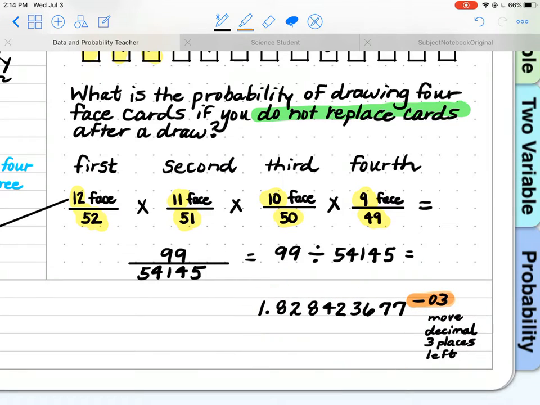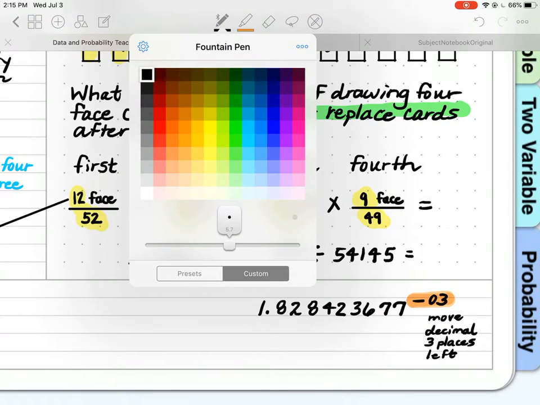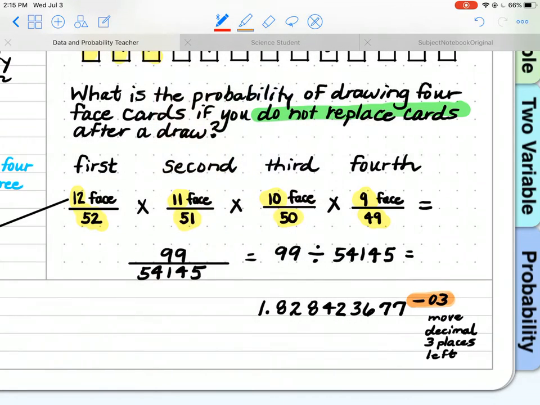I'm going to pick up my decimal that's already sitting there and go 1, 2, 3 and drop it. So you have a 0, 0 and then that number. So your percentage of this happening is about 0.001. Actually, we would round that to a 2%.